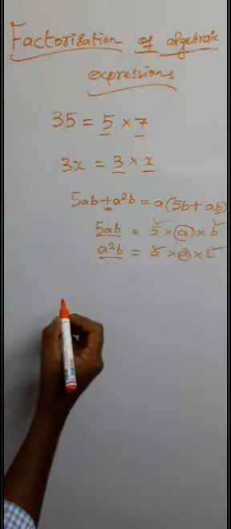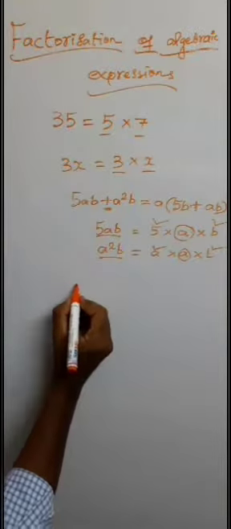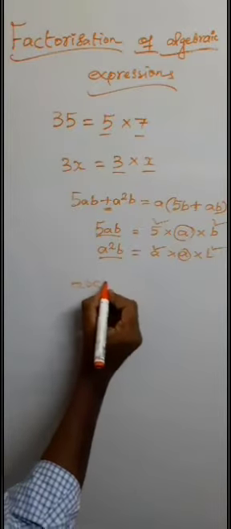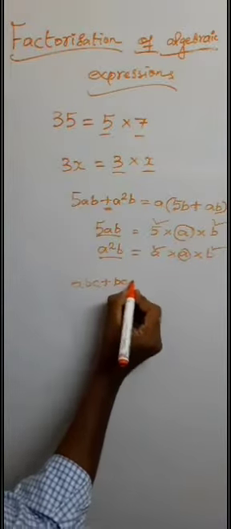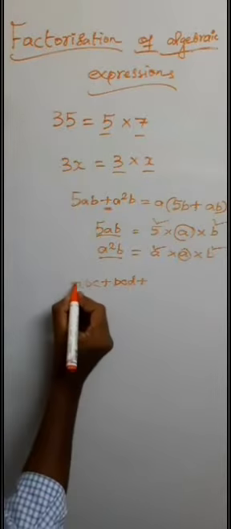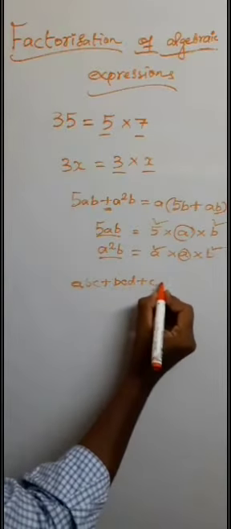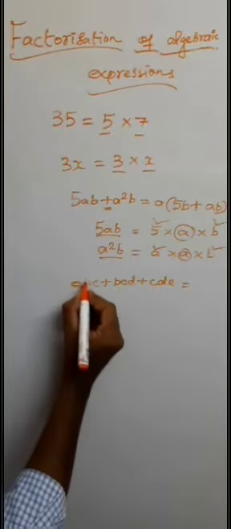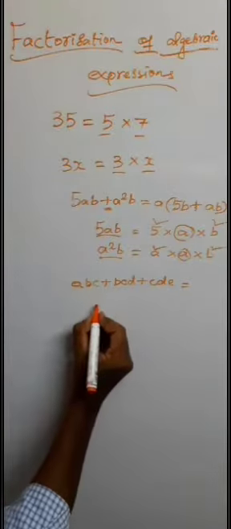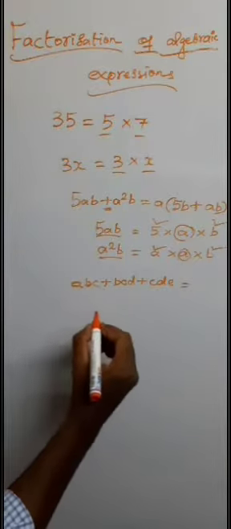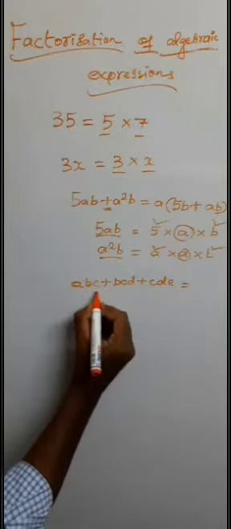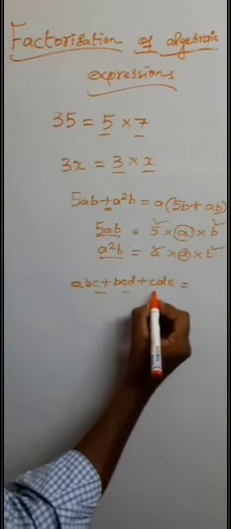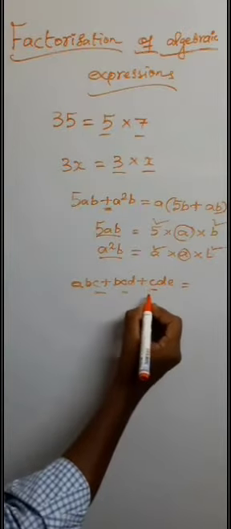Let us see an algebraic expression with three variables: abc plus bcd plus cde. Find out the common factor between all the three terms. C is the only common factor between all the three terms.